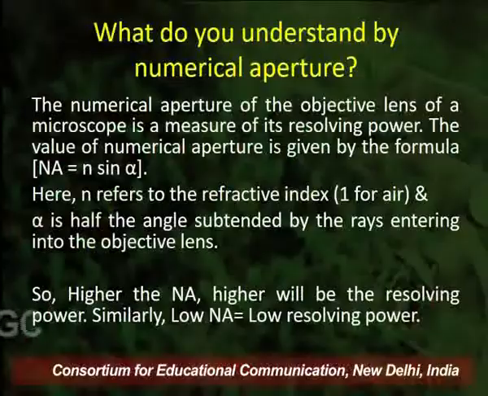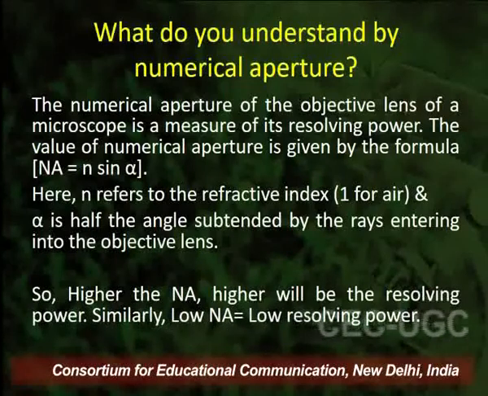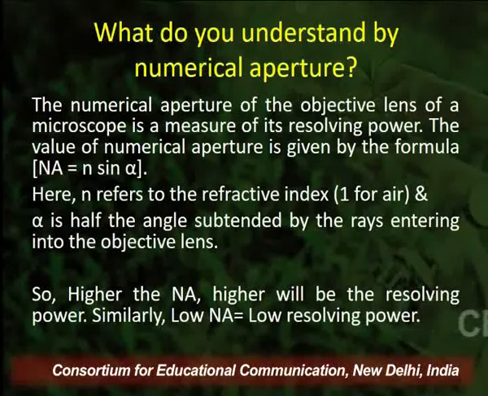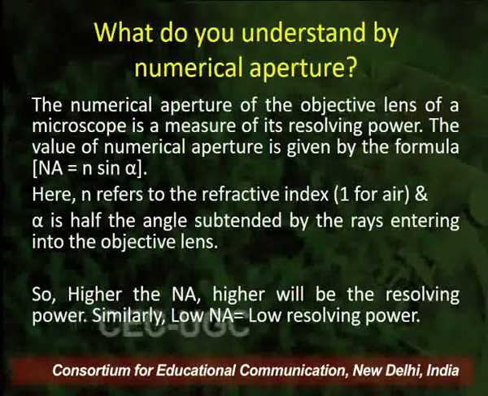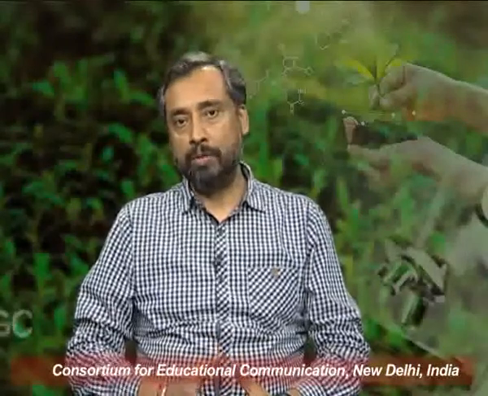So, the numerical aperture of the objective lens of a microscope is a measure of its resolving power. So, how is it calculated? The value of numerical aperture is given by the formula: numerical aperture is equal to n sin alpha. Now, let us try to understand in brief about this formula.